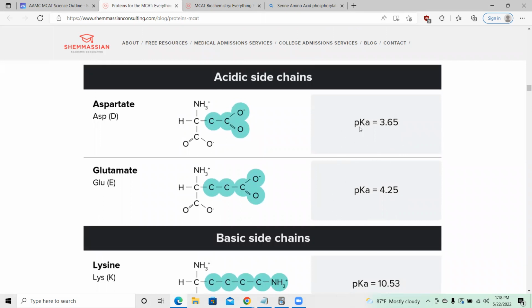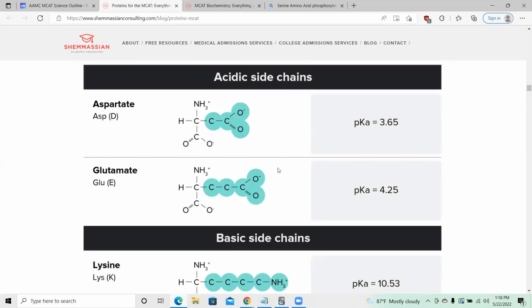The pKa's become relevant when they ask you about protonation and deprotonation. Basically you'd be thinking, will this be protonated or deprotonated at this pH, right? So if this guy has a pKa of about 4, and it's in a buffer that is pH 6, is it going to be protonated or deprotonated?